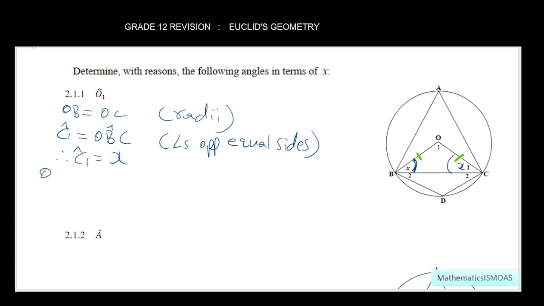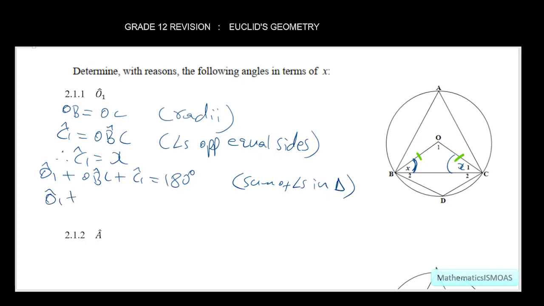Then we can say angle O1 plus angle OBC plus angle C1 will be equal to 180 degrees. That is when we are in triangle OBC. The reason for this statement: sum of angles in a triangle. Then we can substitute OBC and C1 and solve for angle O1.